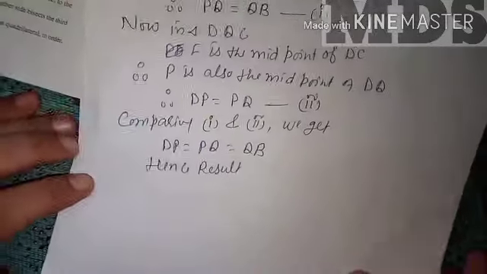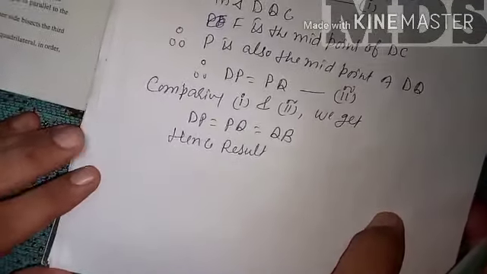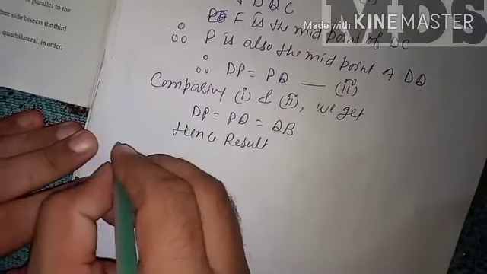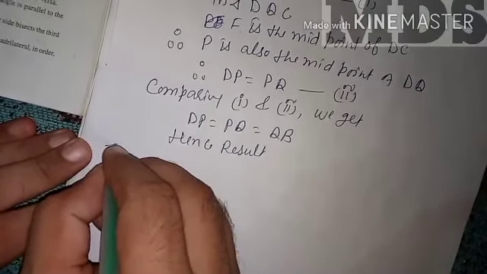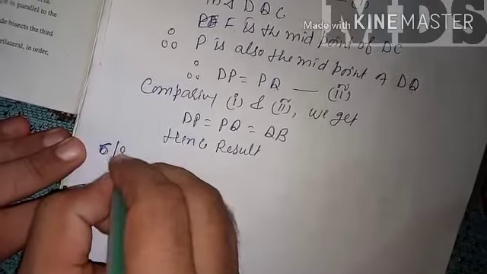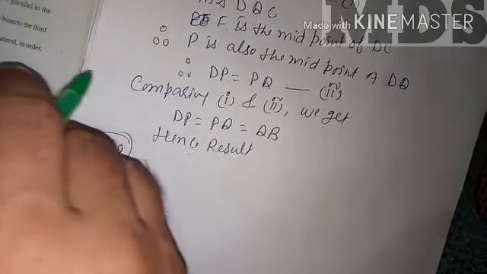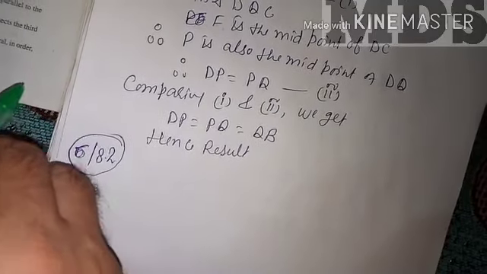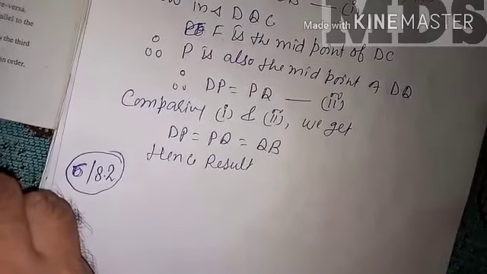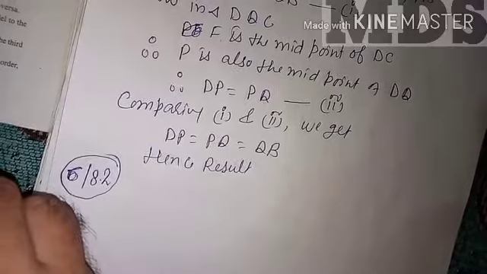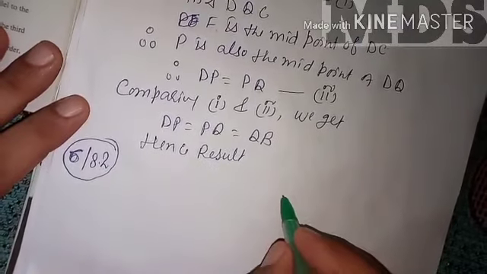Understood this? Now question number 6, exercise 8.2. Show that the line segments joining the midpoints of the opposite sides of a quadrilateral bisect each other.